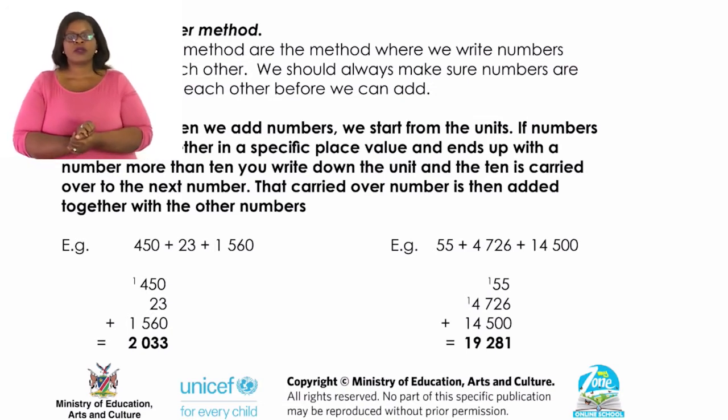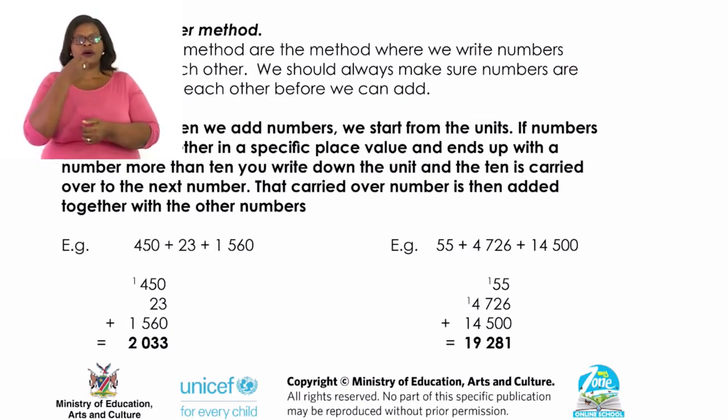Now let's add. 3 plus 0 is 3, plus another 0 equals 3. Then 5 plus 2 equals 7, plus 6 equals 13. Now we write down the 3 and we carry the 1 over to the 4.